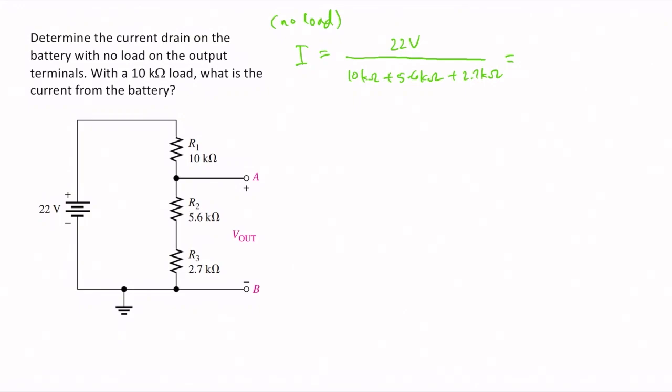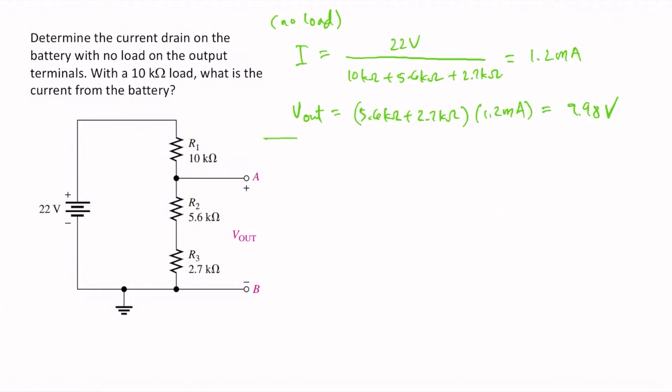This gives us a value of 1.2 milliamperes. Okay, and just for completion, let's solve for the output voltage across AB. This is easily solved by taking the sum of the resistances across AB and then multiplying it by the current, which is earlier solved, and this is equal to 9.98 volts.